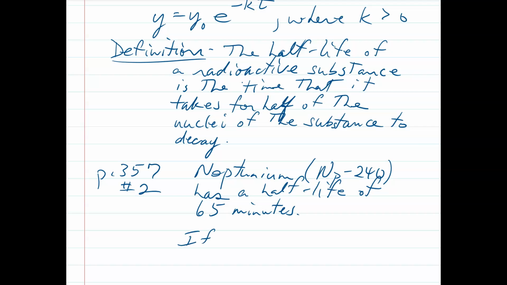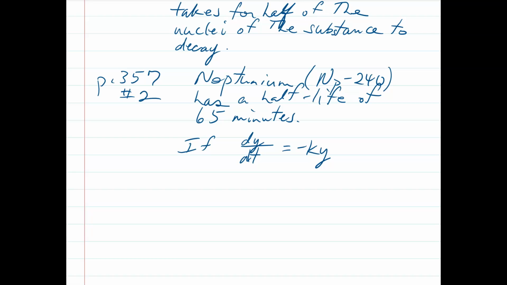If dy dt is equal to negative ky describes how this radioactive material decays, where t is in minutes, let's build a function and let's make an equation using that function, and let's see if we can figure out what k is. We have enough information here to do this.